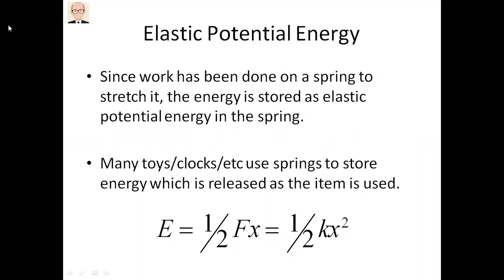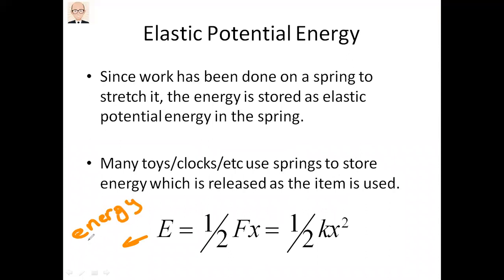And this elastic potential energy is equal to 1/2 times K times X squared. We can use this equation in compressions or extensions. It doesn't matter. And E in this equation is going to be energy.